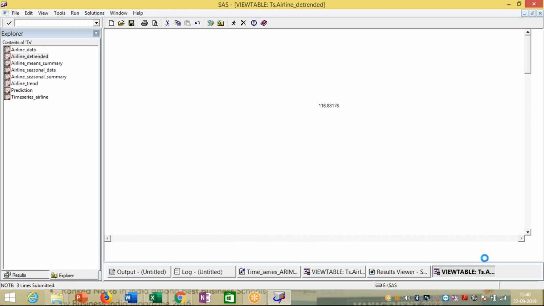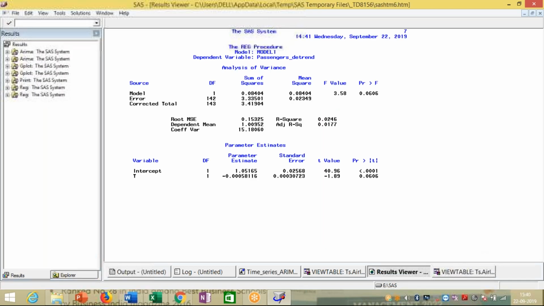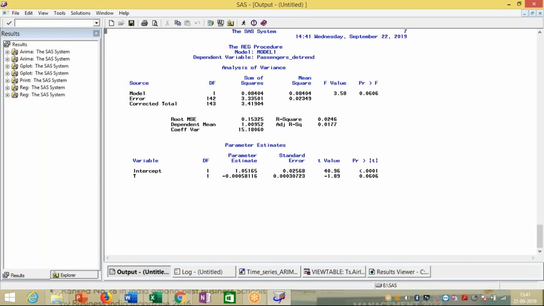Now, given that some predicted trend values had been over predicted, right? The actual value was 104, but the predicted value was 116. If I had done actual minus predicted, I would have got a negative value. So in order to prevent that, we divided by the predicted value to get the ratio, the multiples, right?